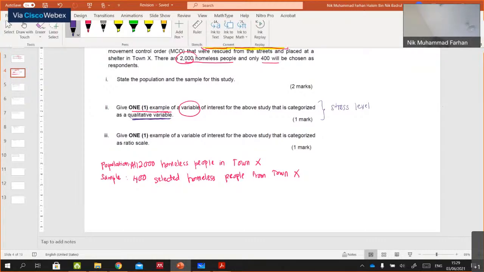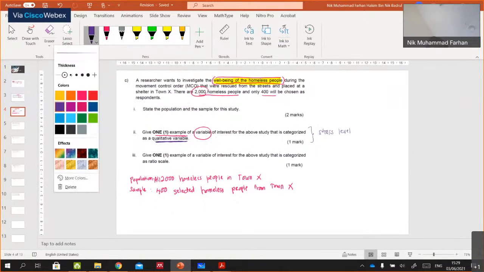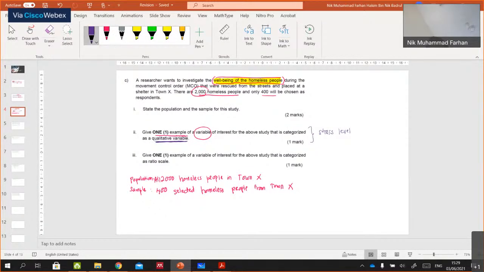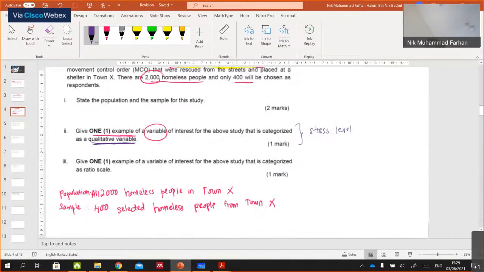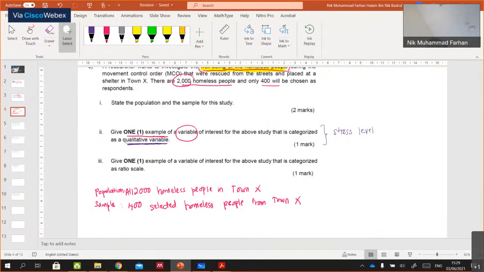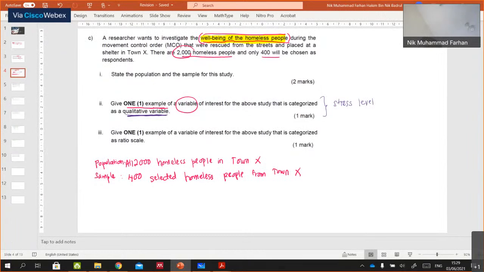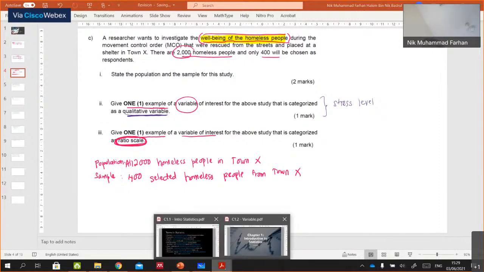Okay, the question asks you to give one example of a variable of interest categorized as a ratio scale. Ratio. So let's go back to the scales.